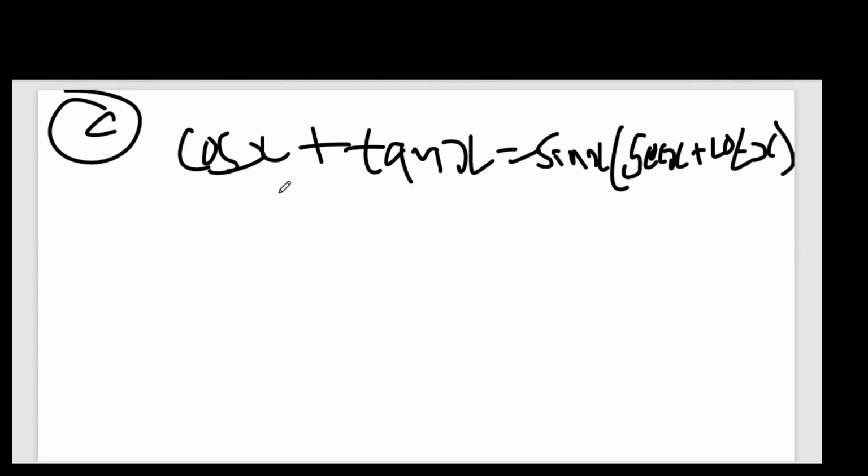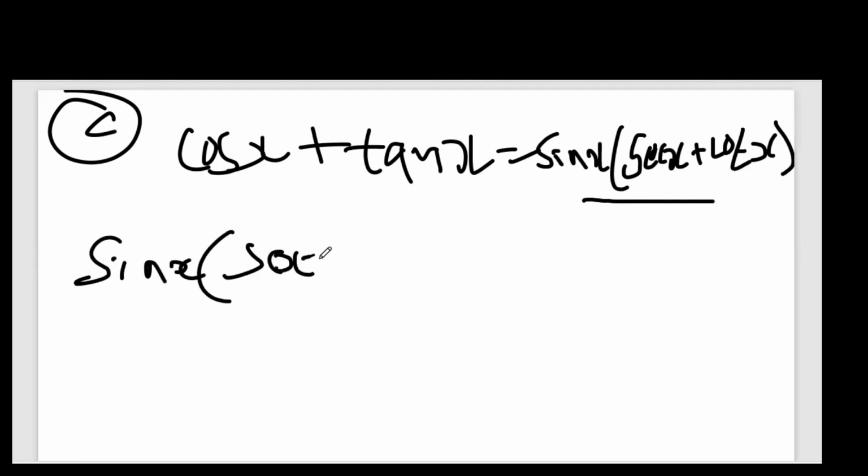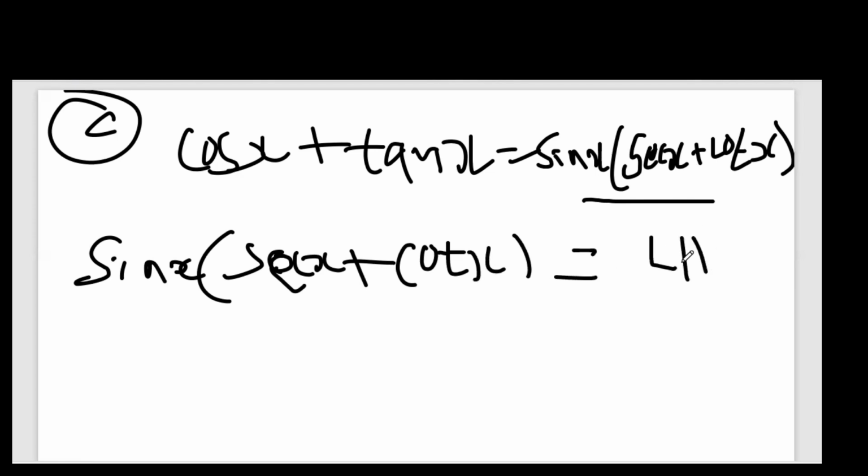Okay, so between these two sides, which one looks more complicated? You always prove the one that is more complicated, right? So I'll choose my right side. It looks like it has a lot of things, so I'll simplify this to get whatever I have on my left. So I have sin x times sec x plus cot x, equals the left-hand side.